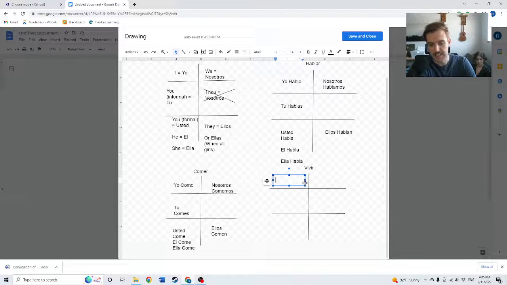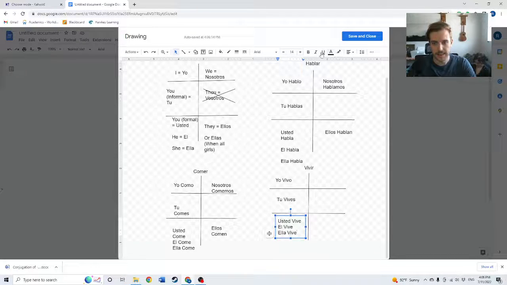And lastly, let's do IR verbs like vivir. So this would be to live. Yo vivo. I live. Tú vives. So you'll notice an IR verb ends with es still. It wouldn't be tú vivis, it would be tú vives. So IR verbs change a little bit when you conjugate those. Then we have usted vive, él vive, and ella vive.